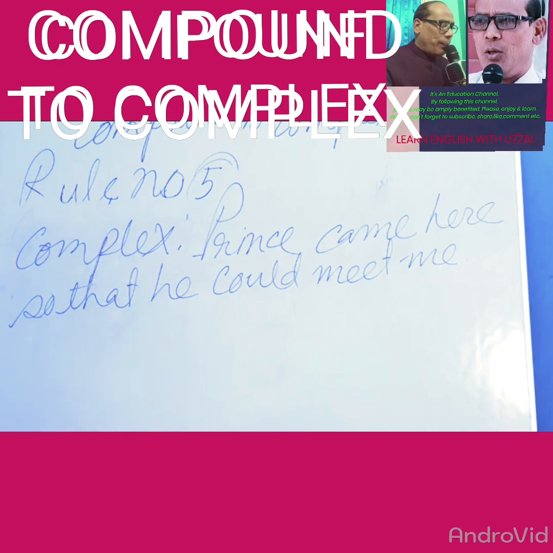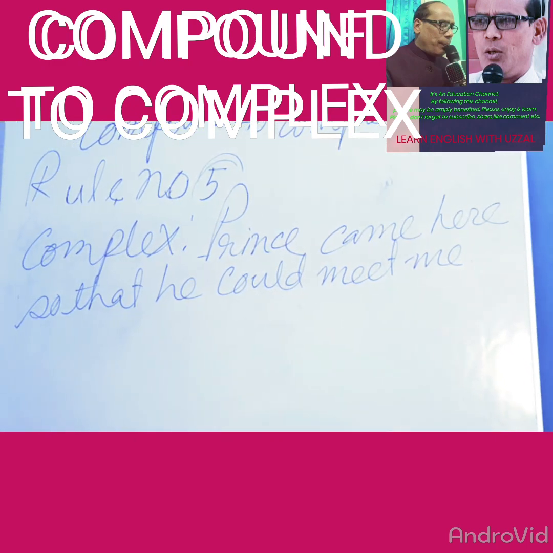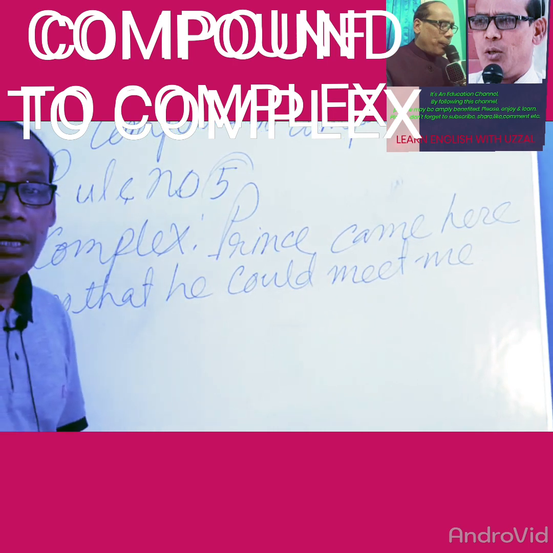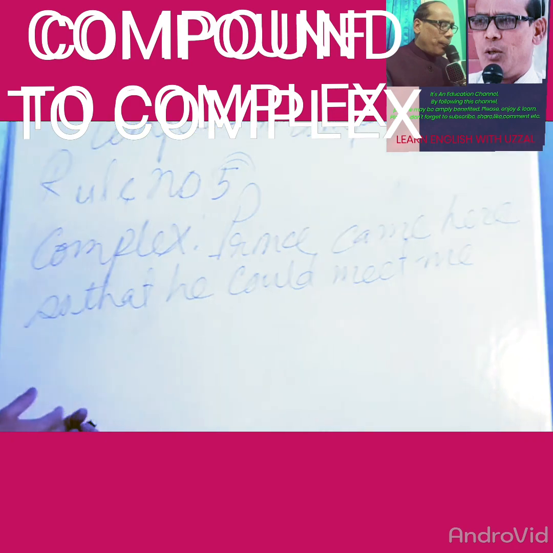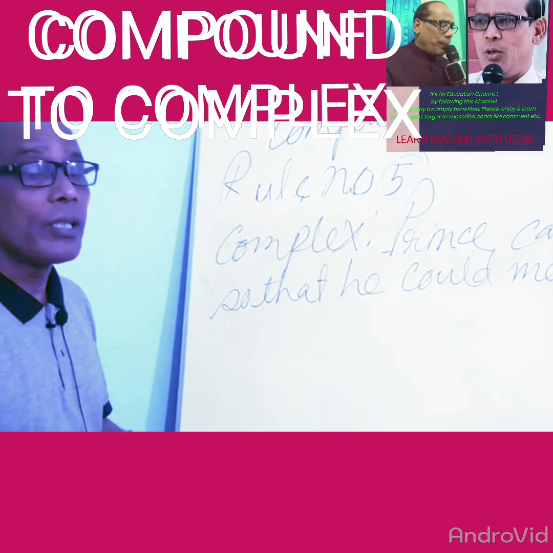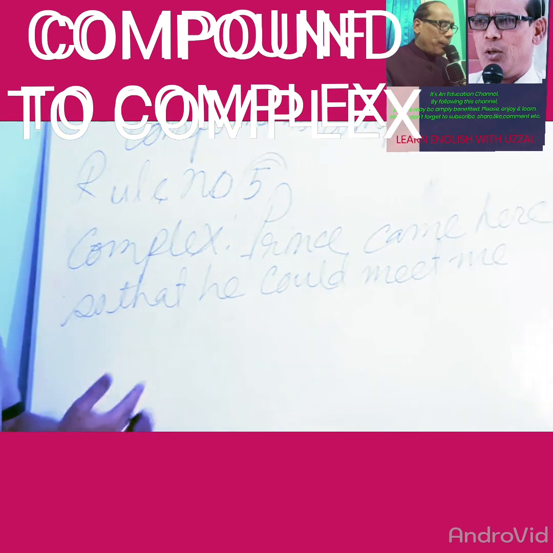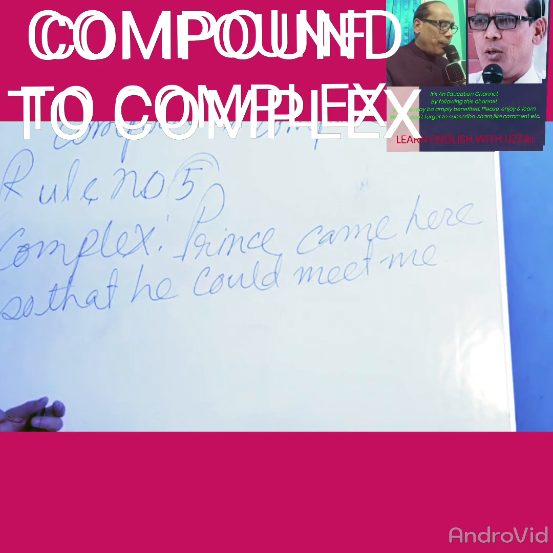Dear learners, you have followed that in the case of a compound sentence, after "and" or "but", when the subject is the same in both the clauses, we can keep the second subject silent. That means after "and" we can keep the subject silent.